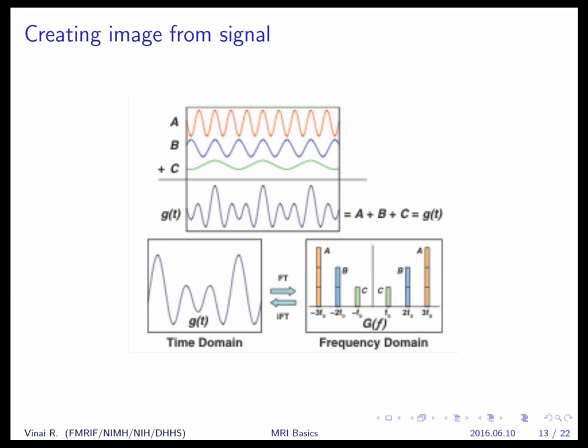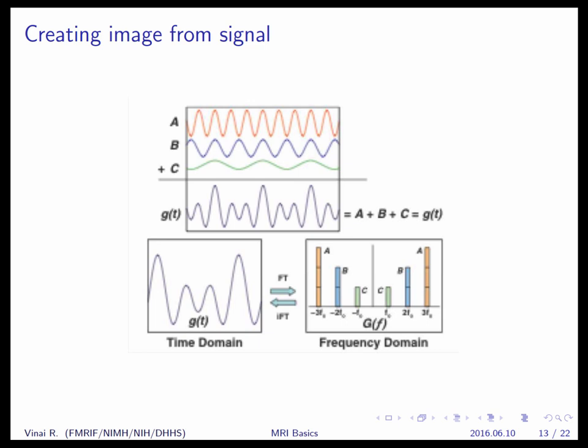There's a branch of math called Fourier transforms or Fourier analysis that will let you take any arbitrary time series, 1D or 2D or even 3D object, and it lets you break it down into a series of periodic functions. Conveniently for MR, we use sines, so these are the basic 1D function.